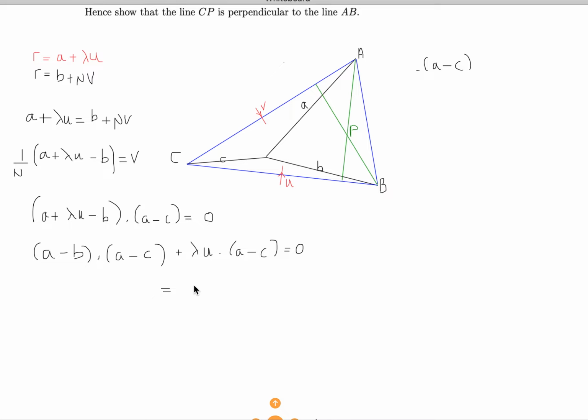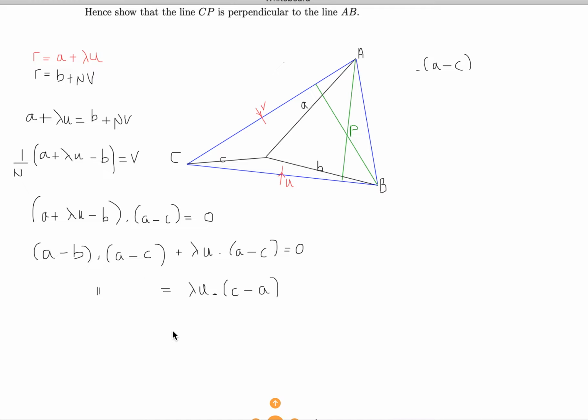Rather than writing minus lambda u dot a minus c, I can factor the minus in and change it to c minus a. And that equals this here.